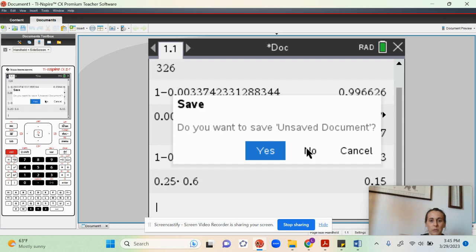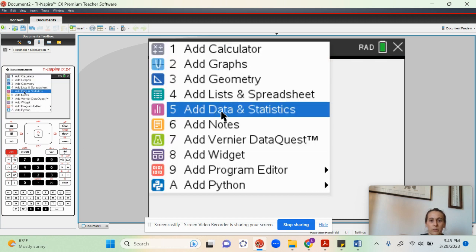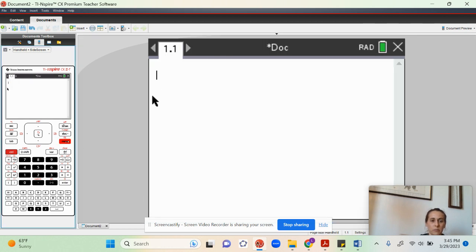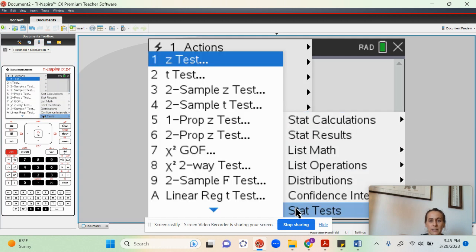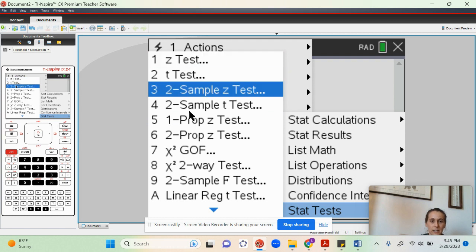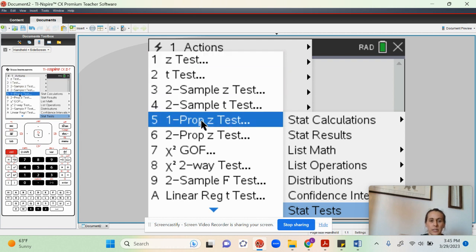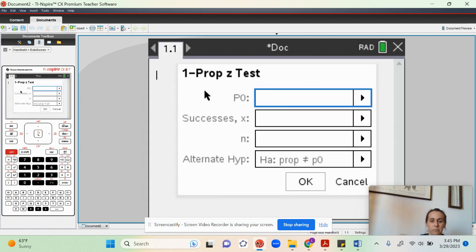I'm going to open up a new document. We're going to go to a calculator page, menu, statistics, stat tests, and a one proportion z-test, number 5. p naught is 0.08. That's our hypothesized proportion.